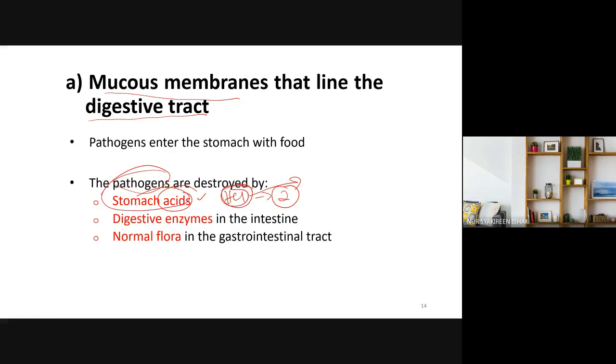Okay. So and then you have digestive enzyme in the intestine. Okay, in the intestine produces the digestive enzyme that also digested the pathogen. Okay, and then you have the normal flora in the gastrointestinal tract. Okay, the good bacteria that live in your intestine. Right.